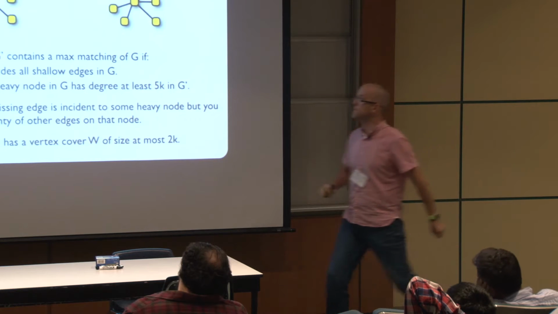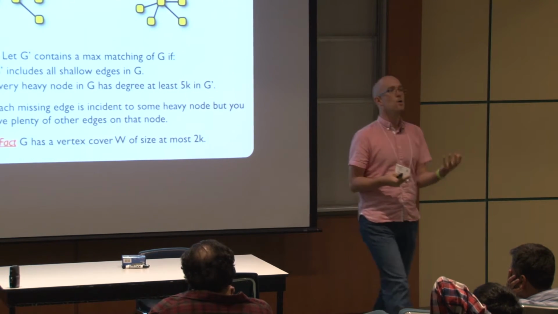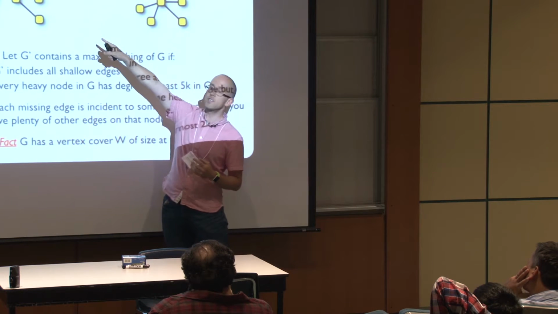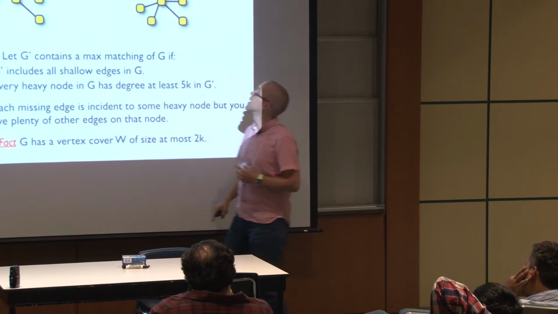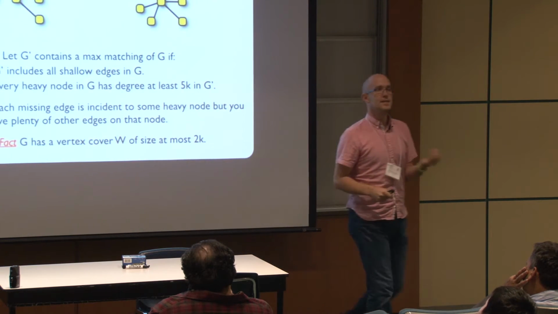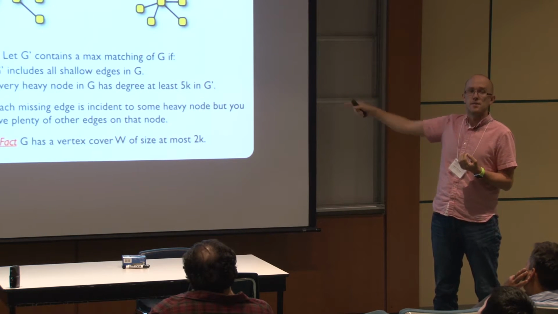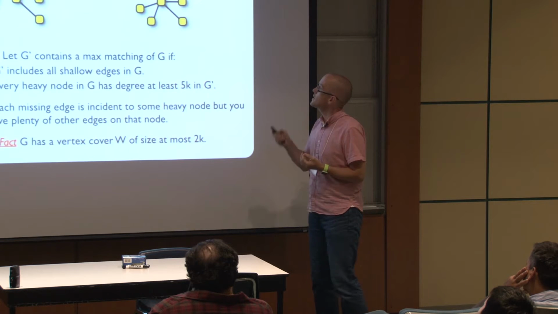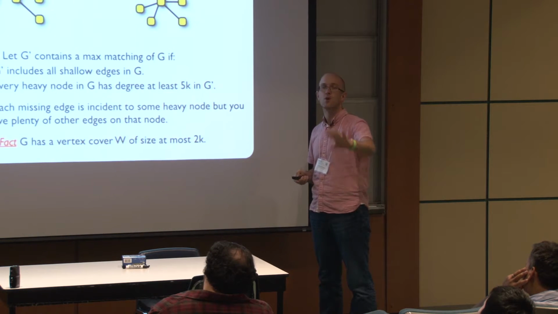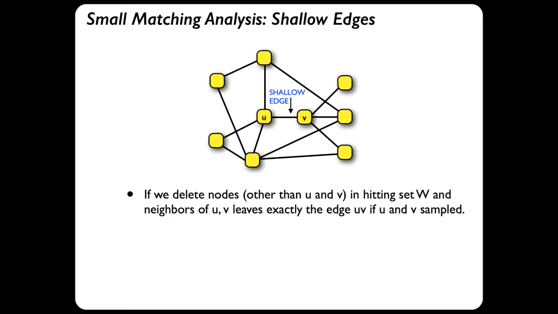Okay, so all we need to prove is that when we do that sampling procedure, when we pick order k-squared Snape samples, we get all the shallow edges in the graph, and for every heavy node in the graph, we get at least, say, 5k incident edges. Once I've broken it down to that, that's the sort of level where you could go and work that out. Let me just flash up the slides to give you some hints.